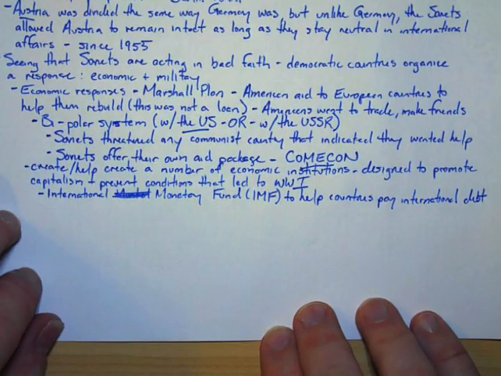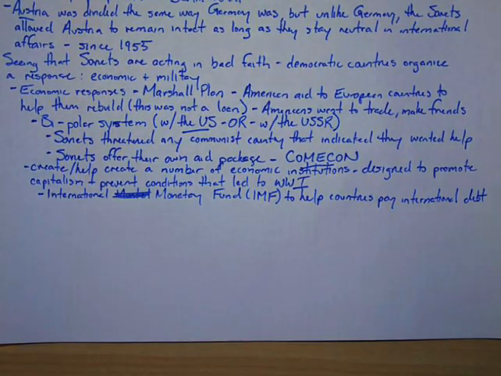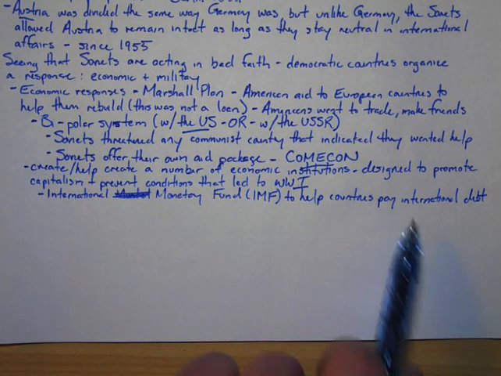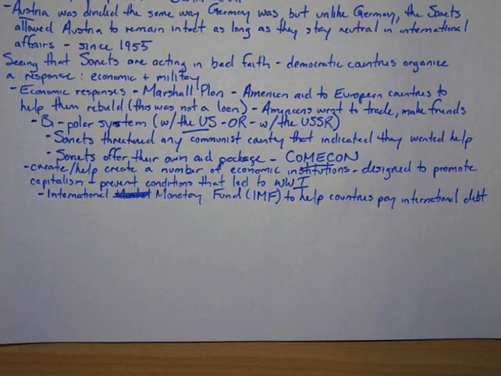One of the reasons that Germany fell into the trap of fascism was that they were crippled by this international debt. The International Monetary Fund is designed to help countries pay their international debts. It's a safety net.